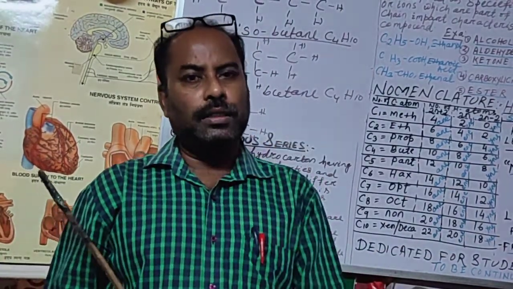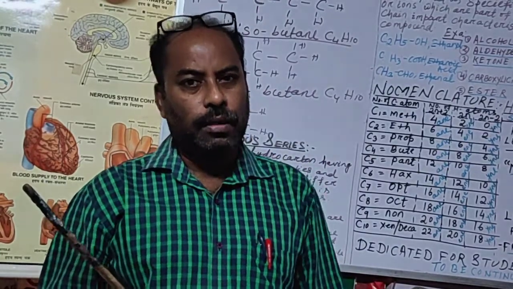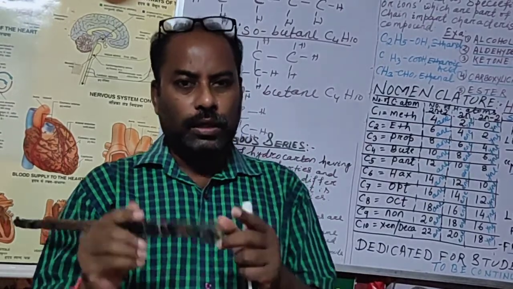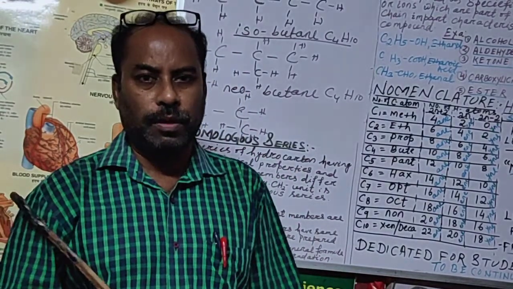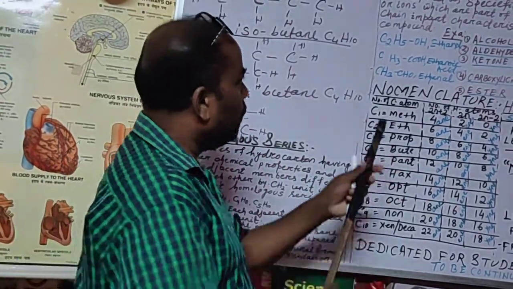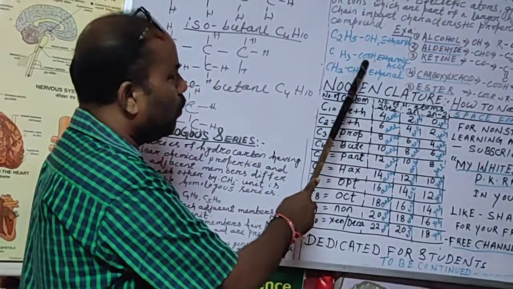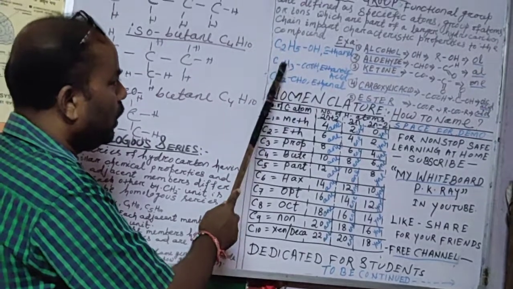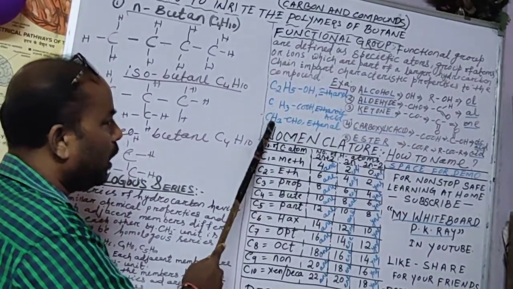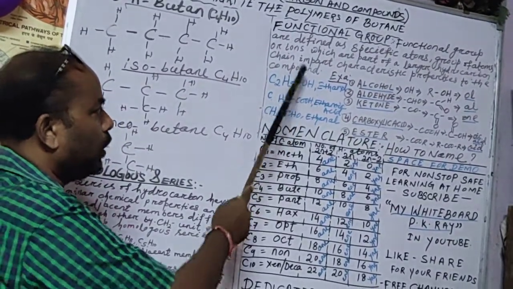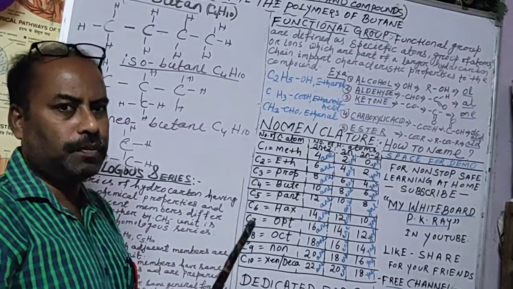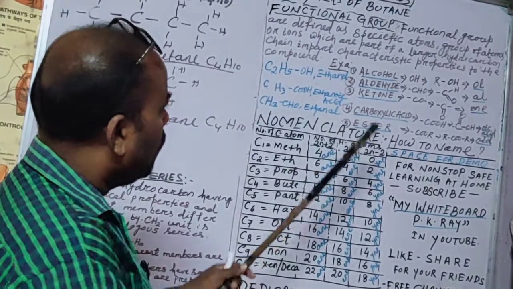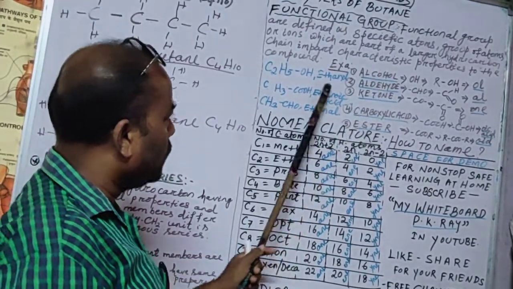So long hair is known as the functional group of the girl, because from the long hair you can say that one is a girl. Similarly, from OH, COOH, CHO we can understand it is an alcohol, a carboxylic acid, an aldehyde. So they are known as functional groups. I think it is clear? Now we'll come to some examples of functional groups.